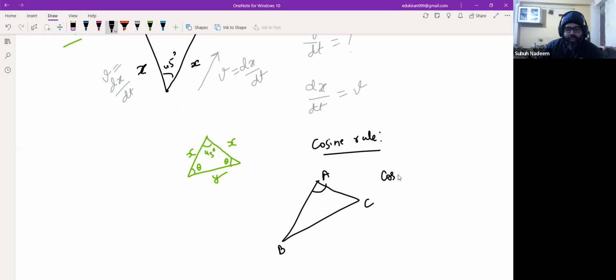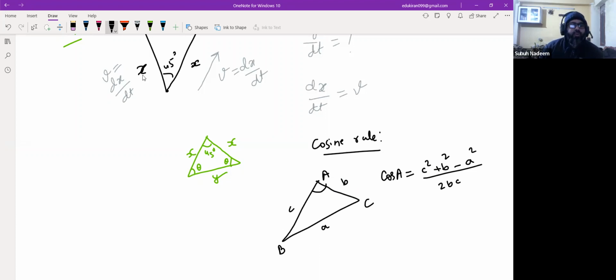cos of A is equal to the square of this side. So this side is C, this side is B, suppose. Length is C, length is B. C square plus B square, and this is A, so minus A square, by 2 times BC. So this is the cosine rule.